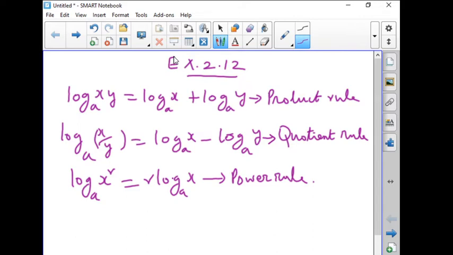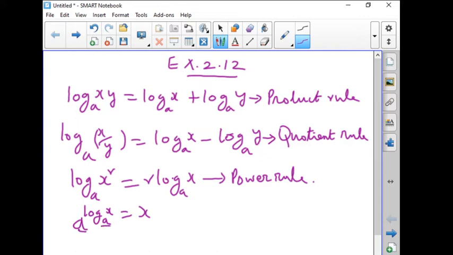And what about the first property? The first property is a power log x to the base a is equal to x. So when both of these are combined, it is equal to x.